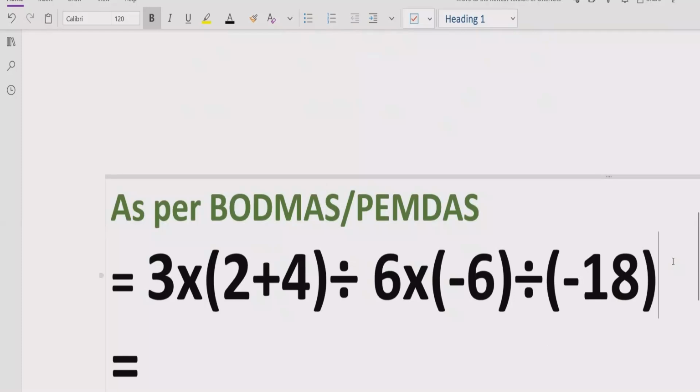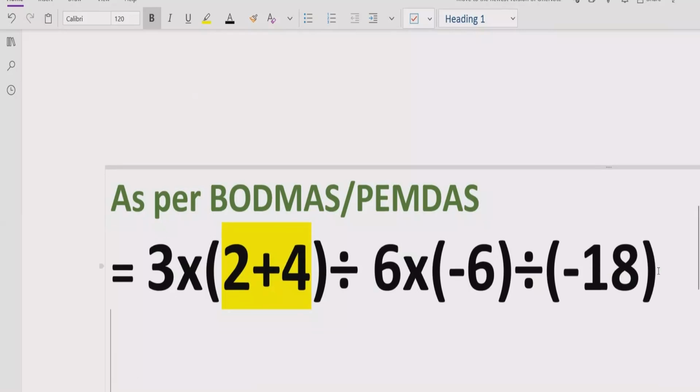According to the BODMAS and PEMDAS rule, first of all, we have to solve the bracket. So here we have one bracket, and the other two brackets are only single terms, which is because of the minus sign. So we will solve the first bracket, which is 2 plus 4.